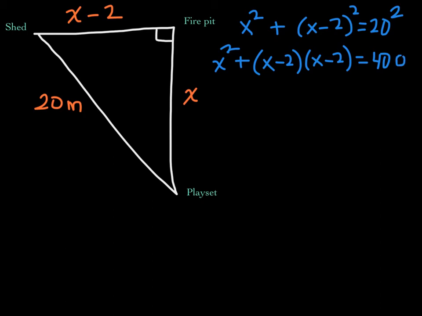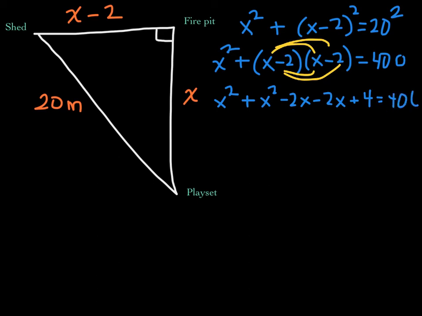All right, so I'm going to distribute now. Okay, and so I have x squared, and then plus, when I start distributing, I get another x squared, minus 2x, minus another 2x, plus 4, and this is equal to 400.